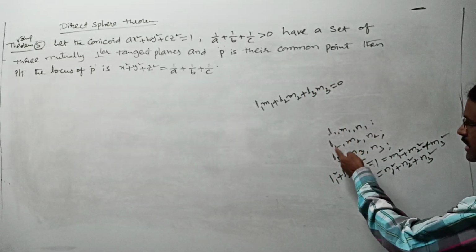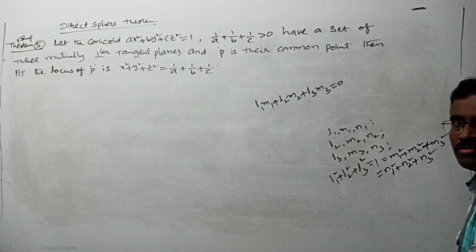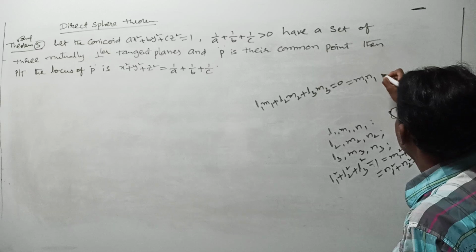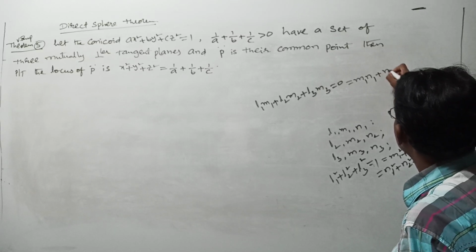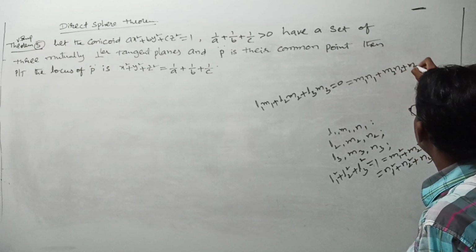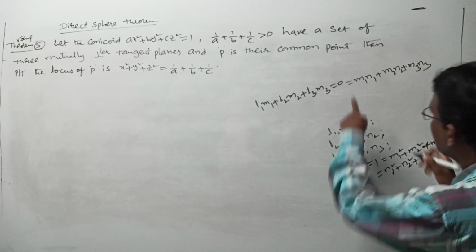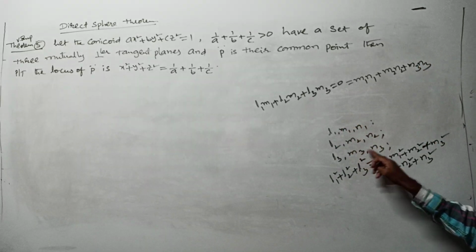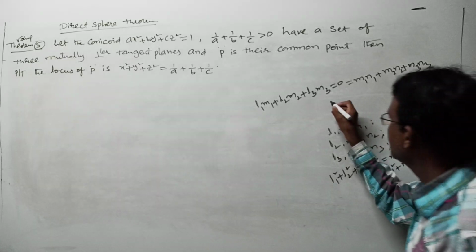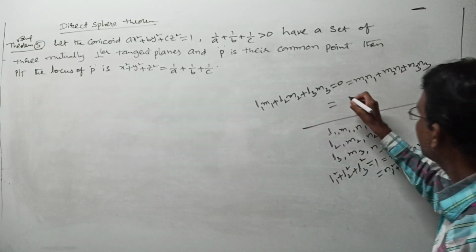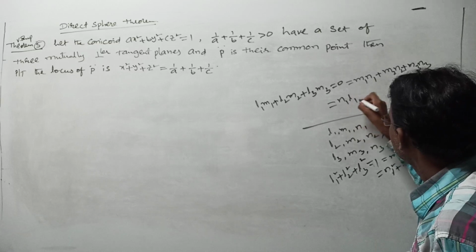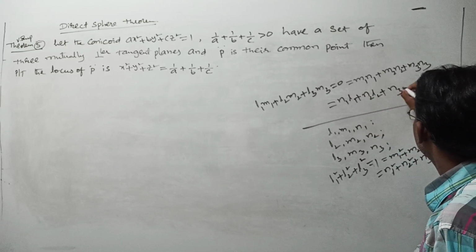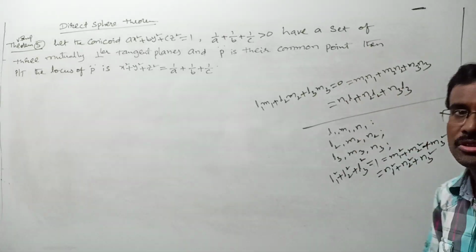Similarly, M1 N1 plus M2 N2 plus M3 N3 is also equal to 0, and N1 L1 plus N2 L2 plus N3 L3 is also equal to 0.